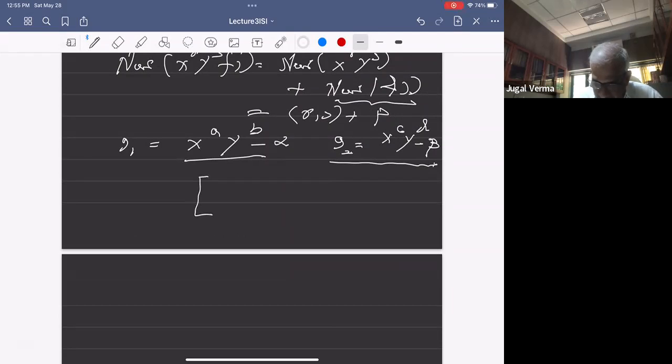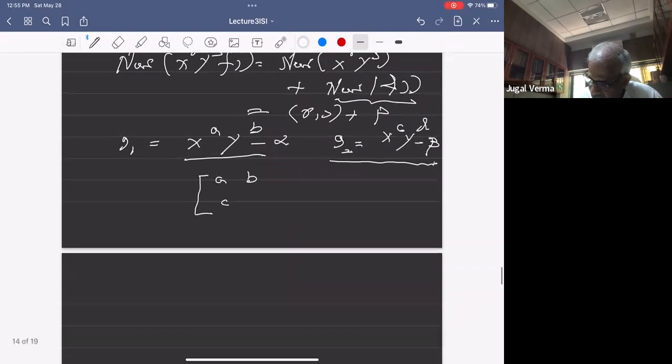So the exponent vector is (A, B). Make a matrix where the first row is the exponent vector of G1, and the second row is the exponent vector of G2, which is (C, D). This is a 2 by 2 integer matrix. Any square integer matrix has a form called Hermite normal form. If you have not studied it, please study that. There are various normal forms of matrices like Jordan form or Hermite normal form or Smith normal form.